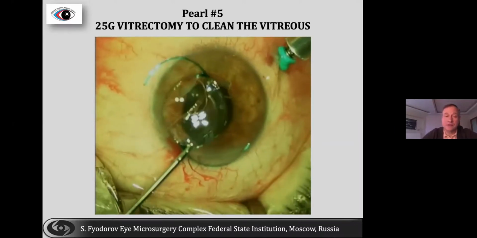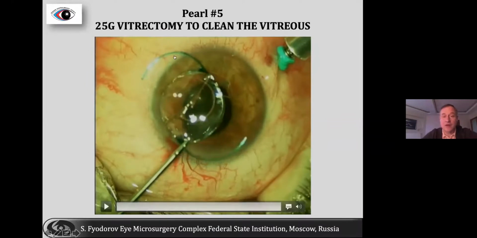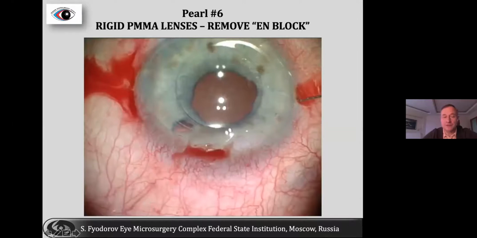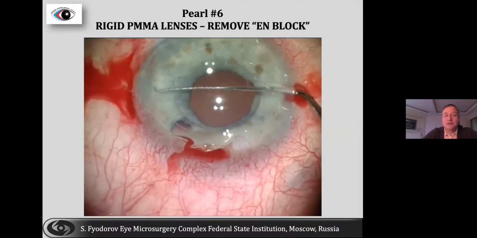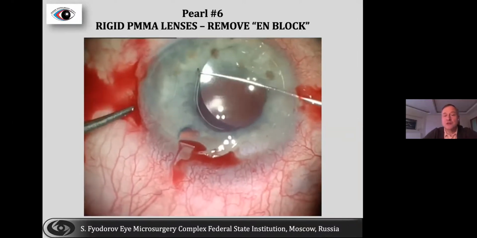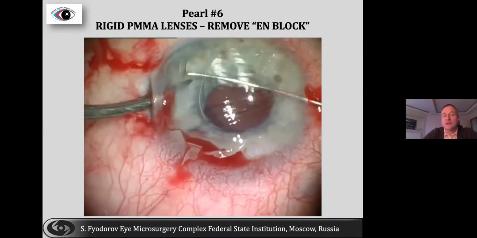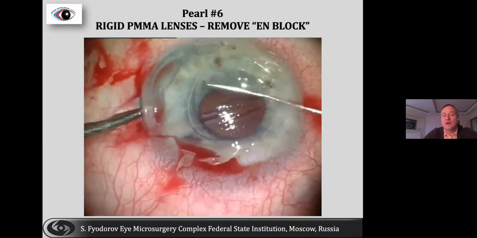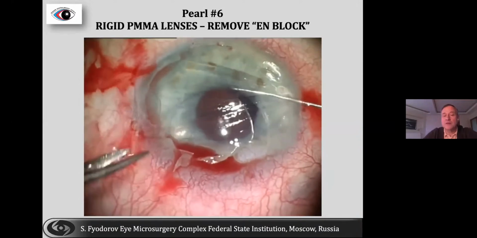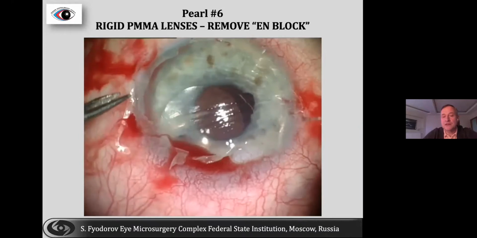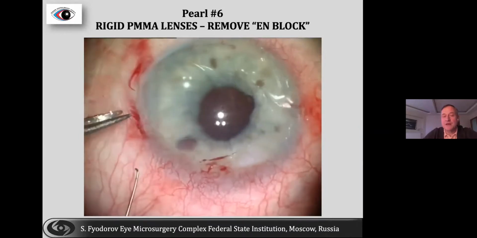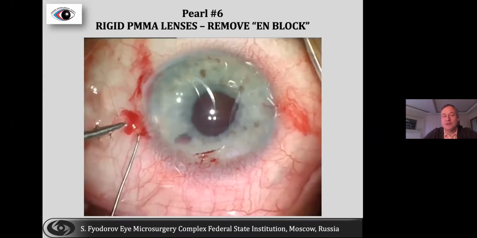And this is the hydrophilic acrylic with hydrophobic optical elements. Rigid PMMA lenses, and this is the case of combined surgery when explantation of one lens and implantation of another lens was being done, and a DSEK as shown here. So this is a PMMA lens.